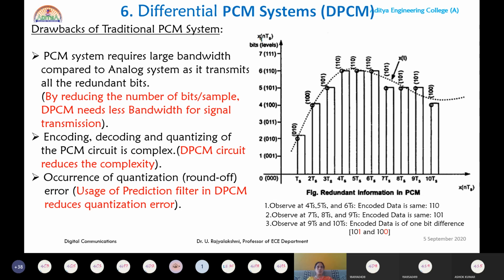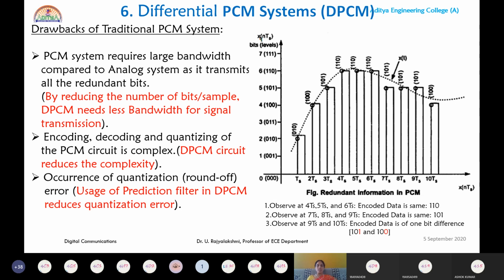One drawback is PCM requires large bandwidth because it transmits all the bits present in the sample. But how does DPCM overcome that problem? DPCM reduces the bandwidth by transmitting only the difference between the samples, not all the data bits. The difference data bit between the two sample code words is transmitted, not all the bits present in the sample.